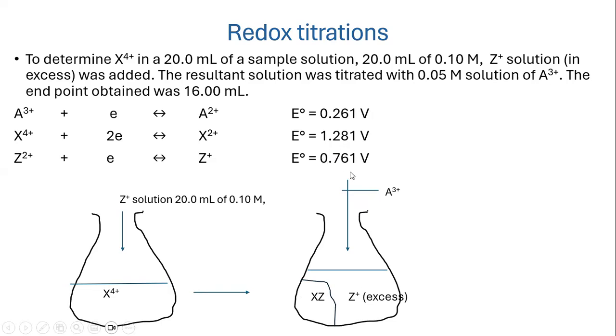You have to tell that at 0.761 V, that indicates it is the half endpoint and the concentration of Z2 plus will be equal to the concentration of Z plus.